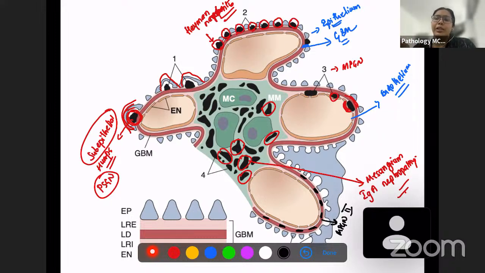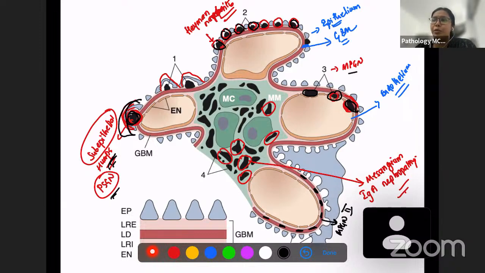Remember subepithelial deposits below the epithelium over here, subepithelial hump-like deposits in post-streptococcal glomerulonephritis, intramembranous deposits which are also seen here, intraepithelial deposits, and then these deposits which are above the endothelium, okay, and below the membrane.